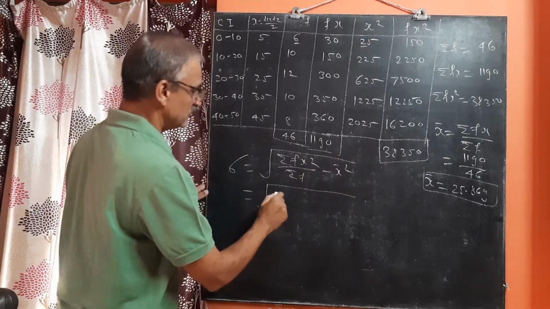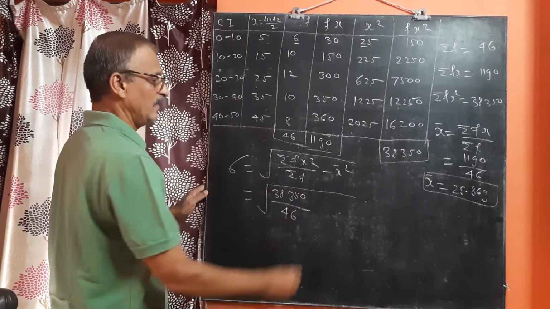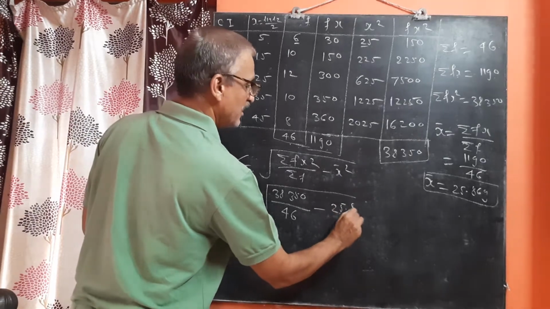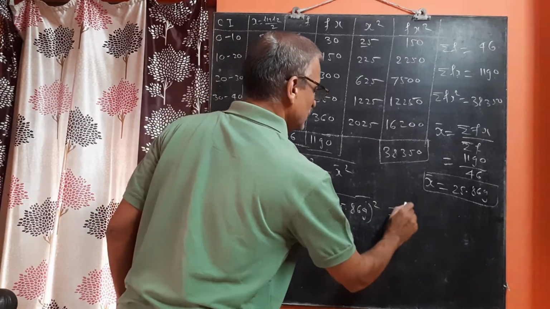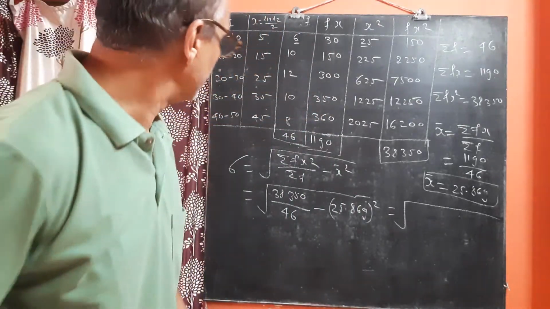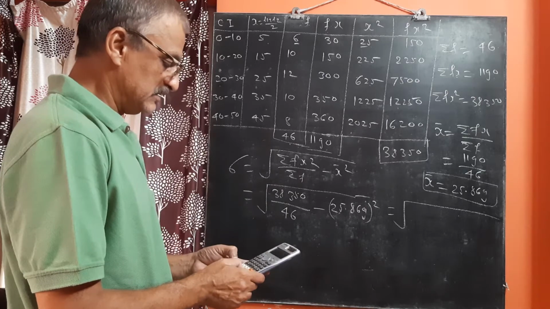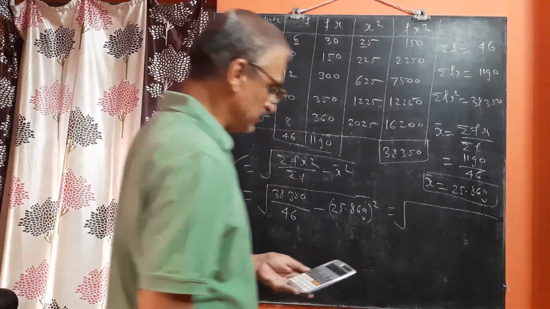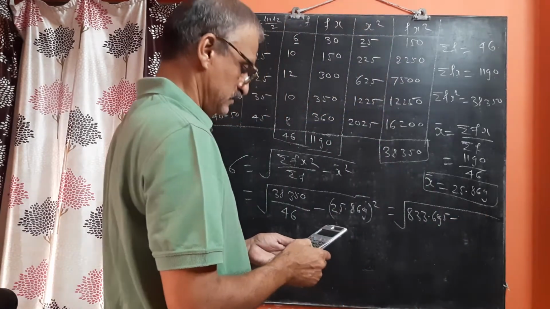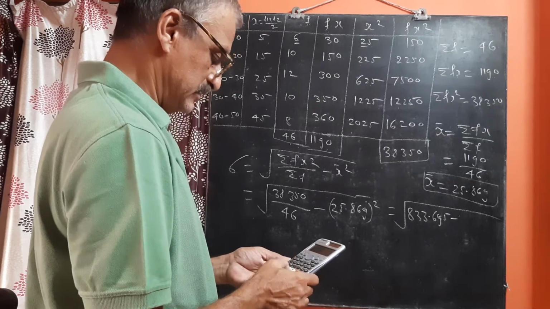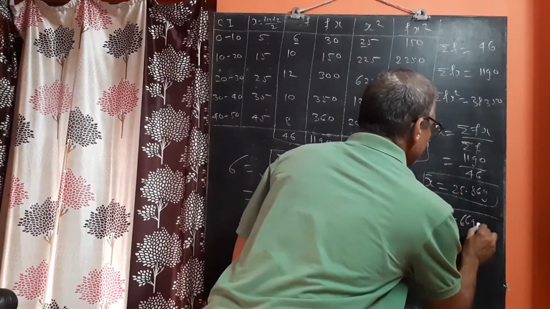Summation of fx square we have got 38,350 divided by summation of f, that is 46, minus x bar square, 25.869 the square. 38350 divided by 46 is 833.695, minus 25.869 the square, 669.205.